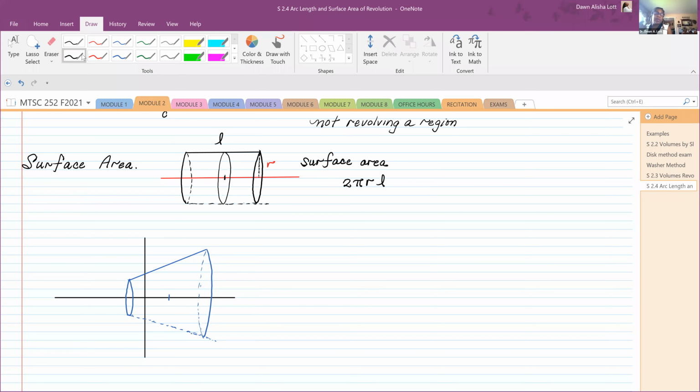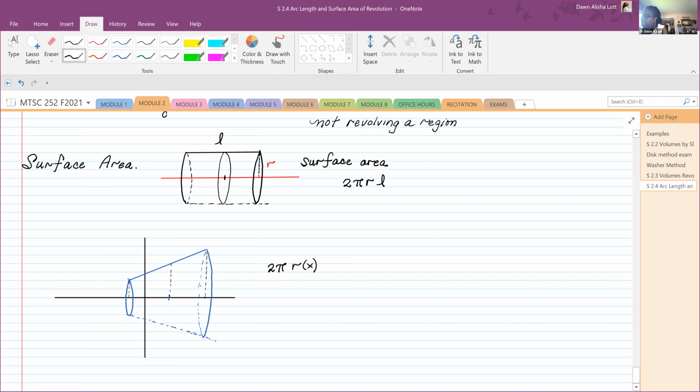So we want to find the surface area. Well, the surface area again is going to be 2 pi times the radius, which, as you can see, is going to change depending upon which x I'm at. If I'm at this x, I'm going to have this radius. If I'm at this x, I'm going to have that radius.